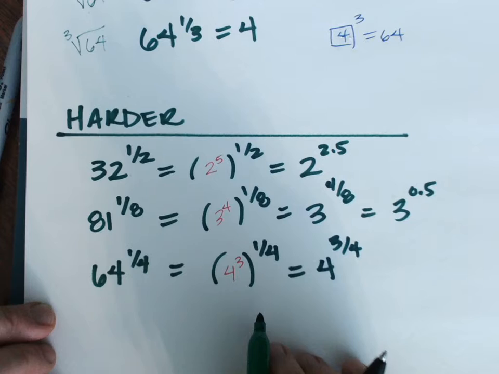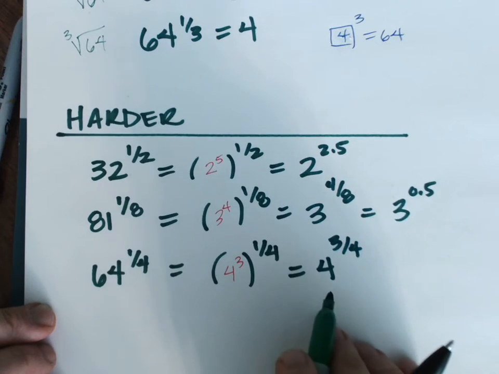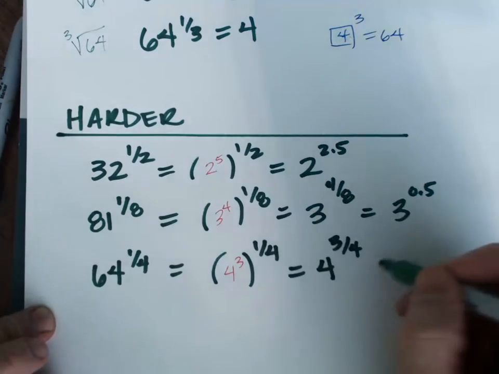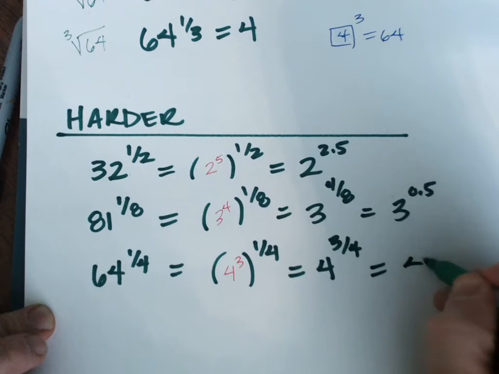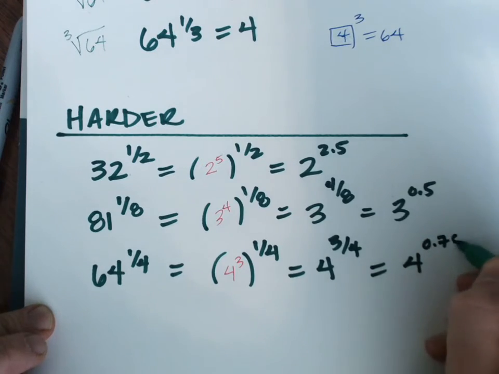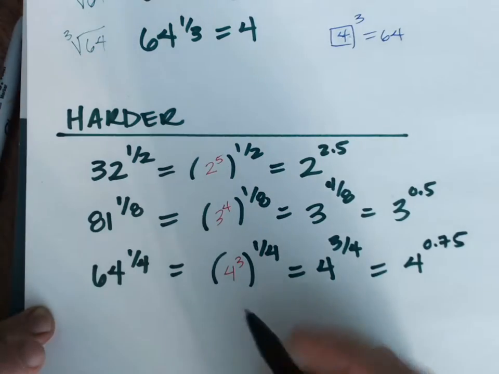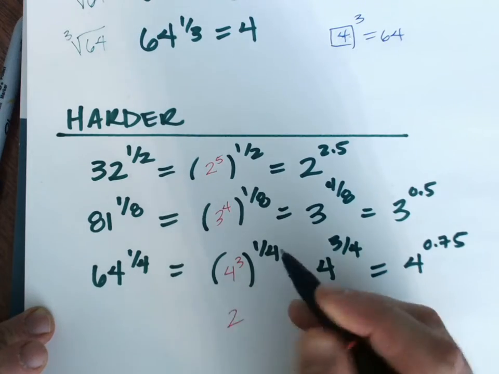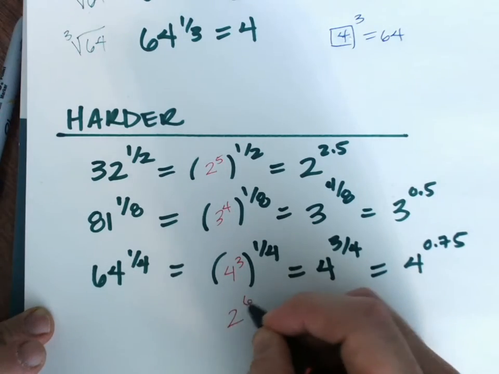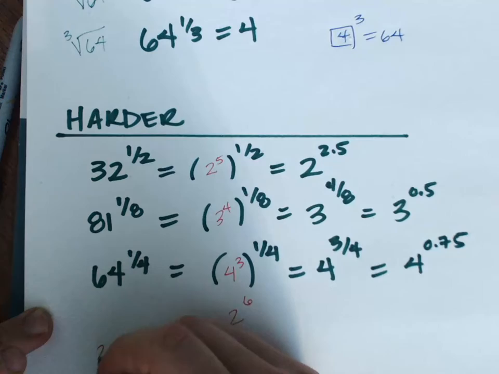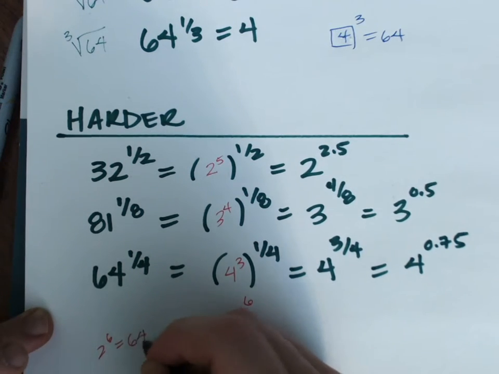We could have done even one step better than that. So it would be okay to end as 4 to the 0.75. We could have instead called this 2, and that would be to the 6th power. So 2 to the 6th is also 64.